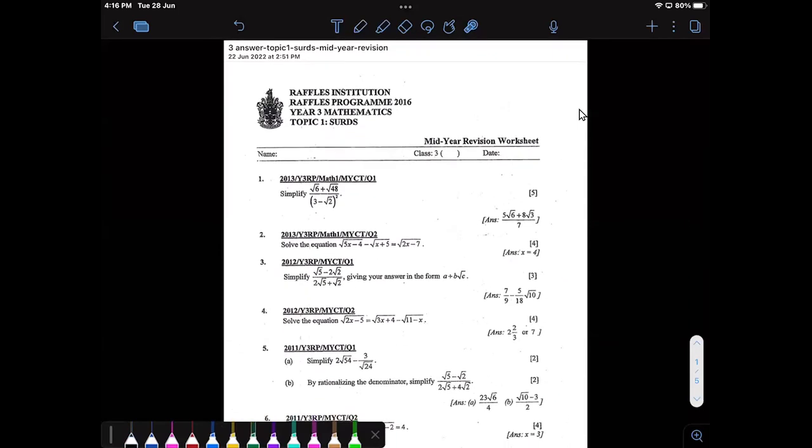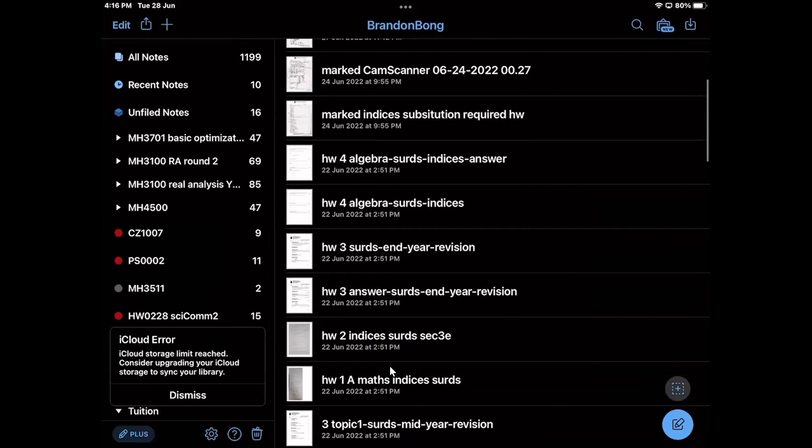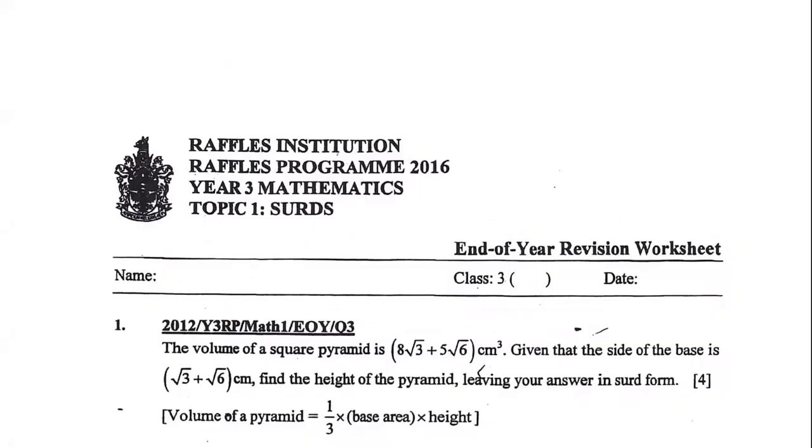Okay, next worksheet. Let's see. What is the next worksheet I want you to solve? Is it homework 3? Let me check first. Oh, that's all the worksheets I have, 1, 2, and 3.